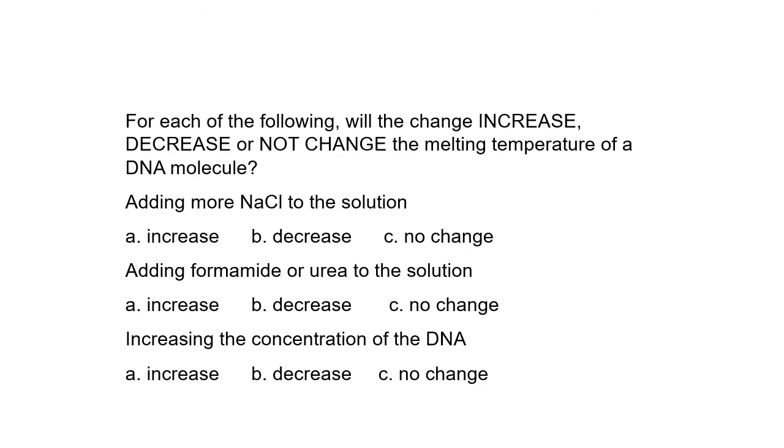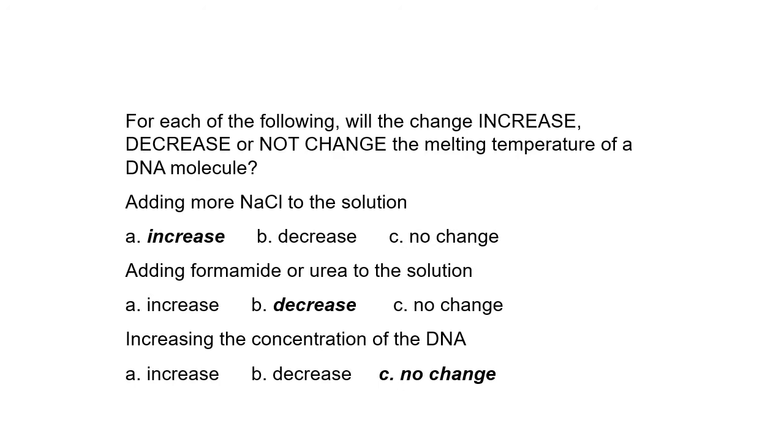Increasing the concentration of the DNA might increase, decrease, or not change the melting temperature. Now we know that adding more sodium chloride will increase the melting temperature because it favors the strands to stay together. Adding formamide decreases the melting temperature because it helps them fall apart, and the concentration of the DNA has no effect on the melting temperature.